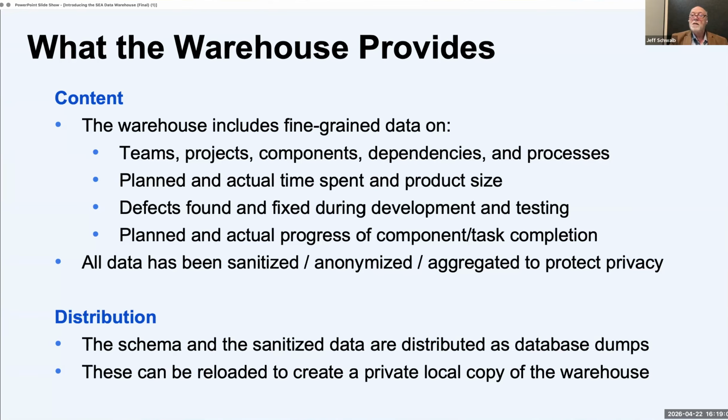So what the warehouse provides, we're talking about here now, is the project aspects, planned and actual, defects found, completion dates. We mentioned that before. We repeated it a couple of times because it's really important to understand these are the basic measures that contribute to all of this data set being available, useful, and how we break it up and turn it into complex metrics.